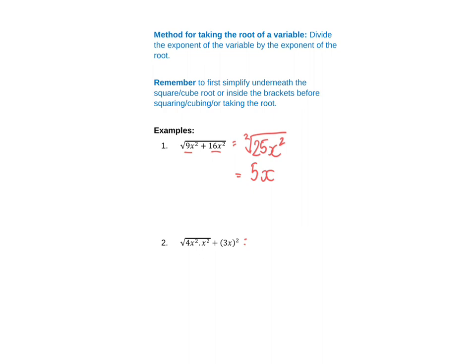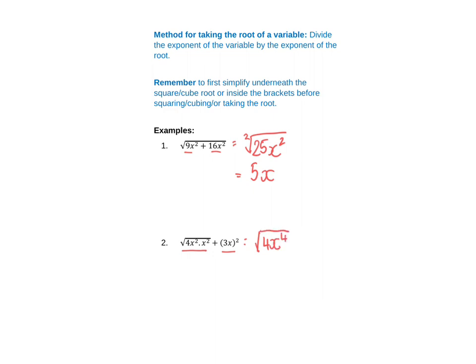And then in the next example, as you can see, we first need to tidy up here. We need to raise each of the factors inside this second term to the power of 2. So square root of, and then 4x squared times x squared gives you 4x to the power of 4.